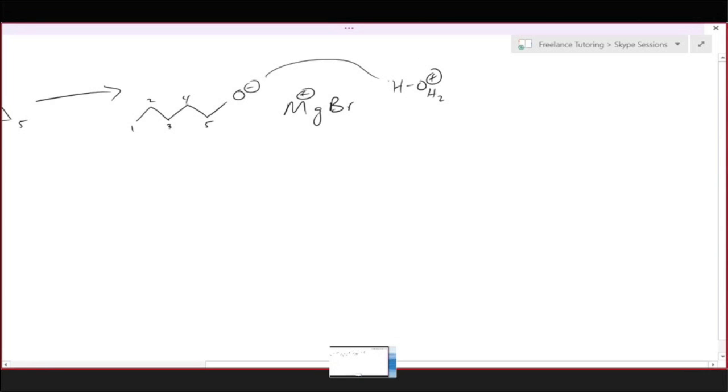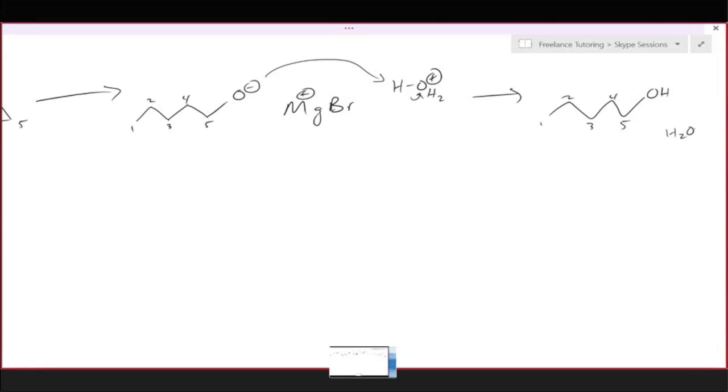Then that oxygen could lose its negative charge and become an alcohol. Like that. Okay, very good. Excellent. That's exactly right. So we would add the H3O plus then in the second step.